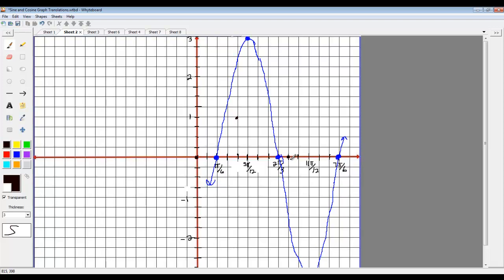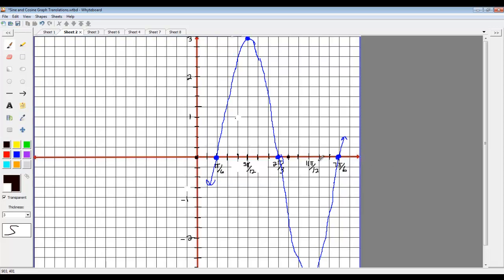Let's see here. No, I'm losing track. I don't have it all marked out. All right, 2 pi over 12, 3 pi over 12, 4 pi, 2 pi over 12. This thing's weird. I gotta stop and think. I'm trying to think where pi over 2 and all that is. All right.